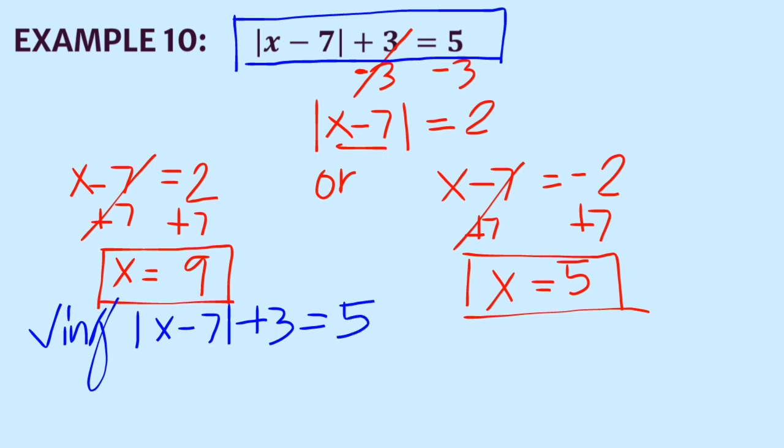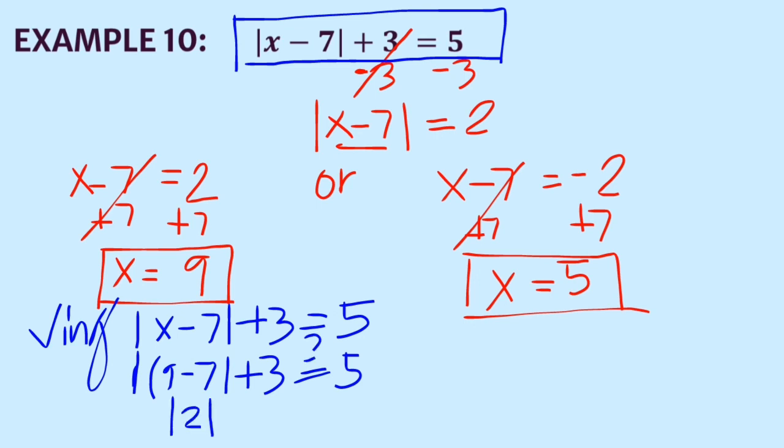Now, for this one, we have to substitute 9 onto the x. 9 minus 7 plus 3 is 5. Now, 9 minus 7 is 2 plus 3.